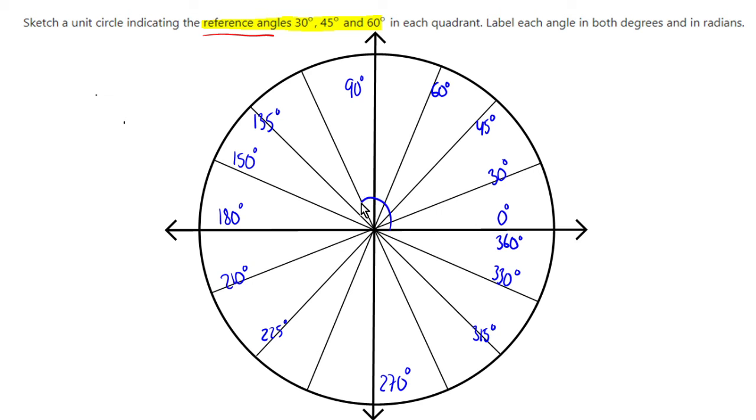This angle here is going to be 90 plus 30, so 120 degrees. This angle here is going to be, we can either do 270 minus 30, or we can do 180 plus 60. So it's going to be 240 degrees. And finally, this angle right here, we can do 360 minus 60 degrees. So it's going to be 300 degrees.